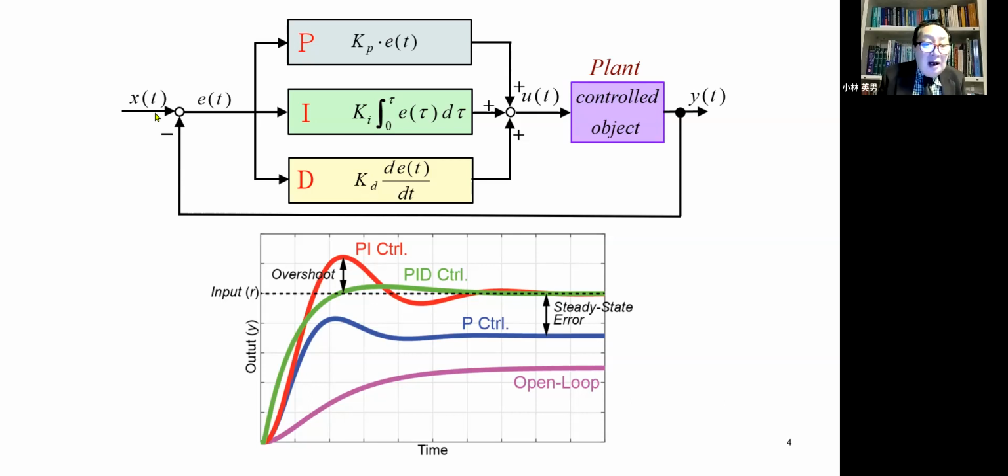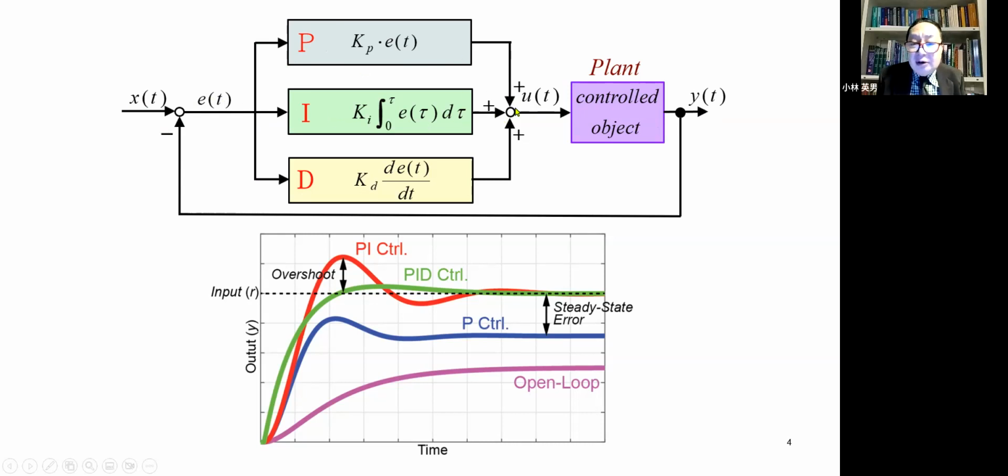When we use P control only, this flow goes like this, then comes to the plant, then output. But when we use PI control system, we use this flow and this flow at the same time.